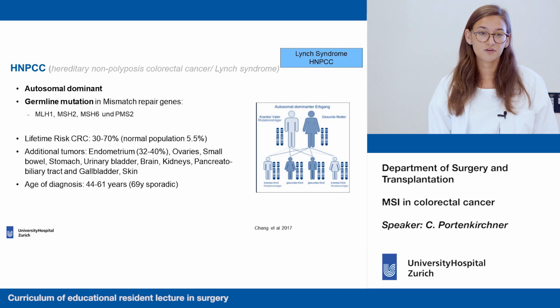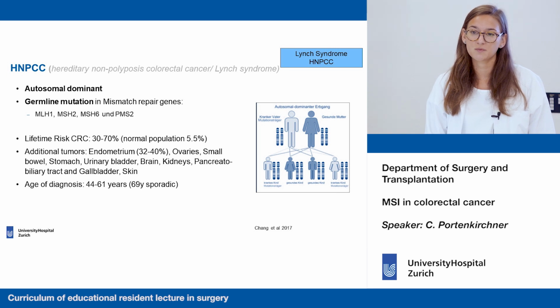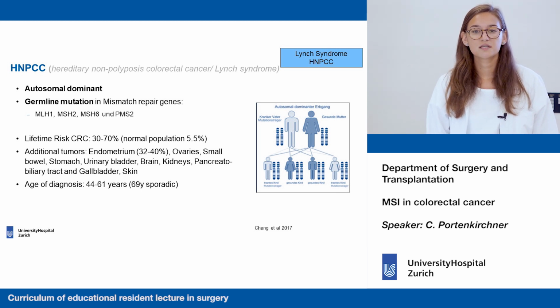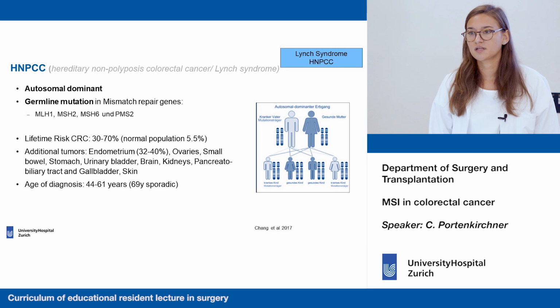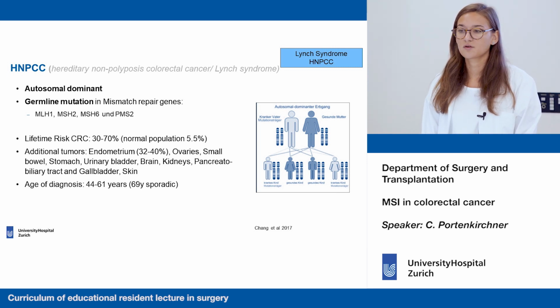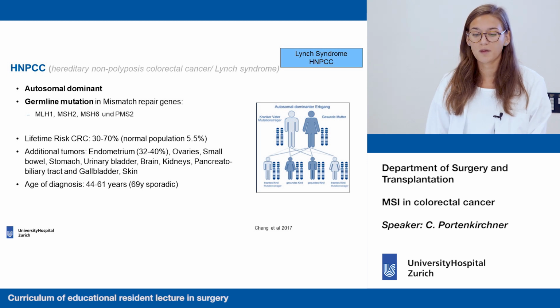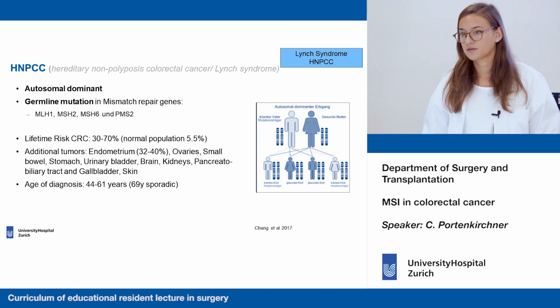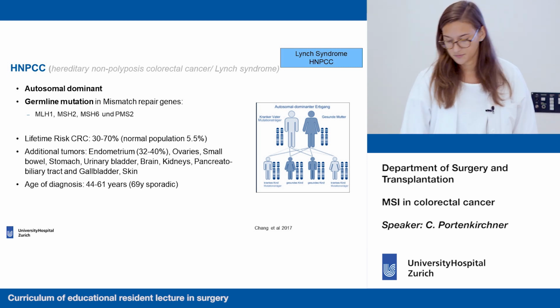The lifetime risk for colorectal cancer is up to 70% in these patients, whereas the normal population has a risk of 5.5%. These patients also develop additional tumors in the endometrium, ovaries, small bowel, pancreatobiliary tract, gallbladder, and skin. Patients with HNPCC tend to be 20 years younger than patients developing a sporadic colorectal cancer.